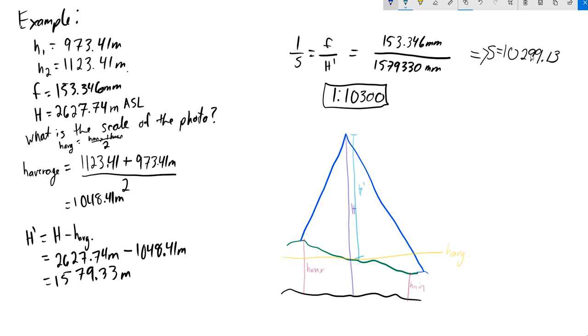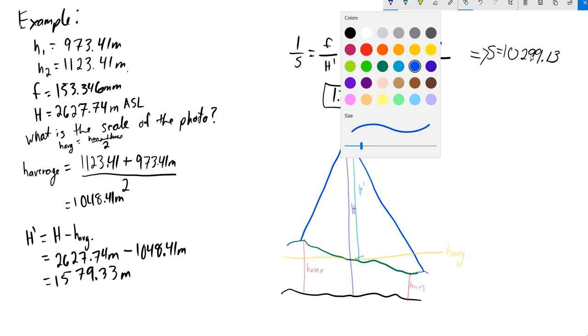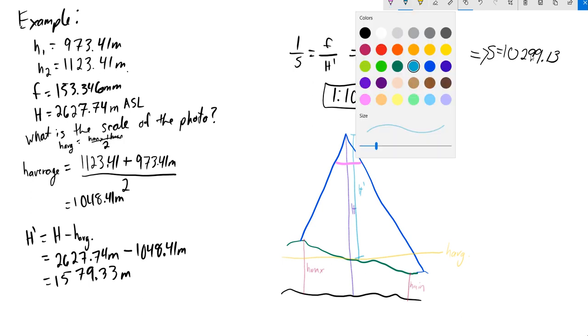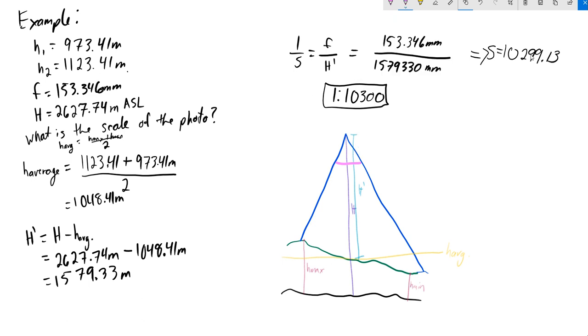And then if I were to add in my plane for this, I have my next values, which from here to here is F. So I've got my focal length, which is the positive plane. I have my flying height above the average elevation, and I have my flying height above the ground. I have H max and I have H min. So this is all that's going on in here.